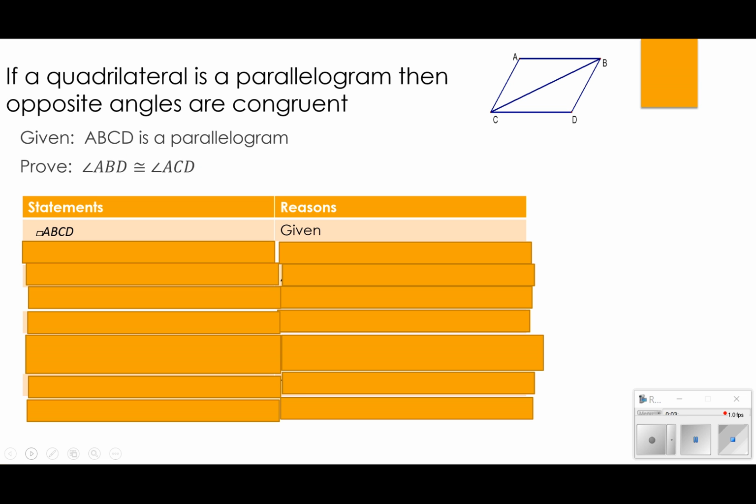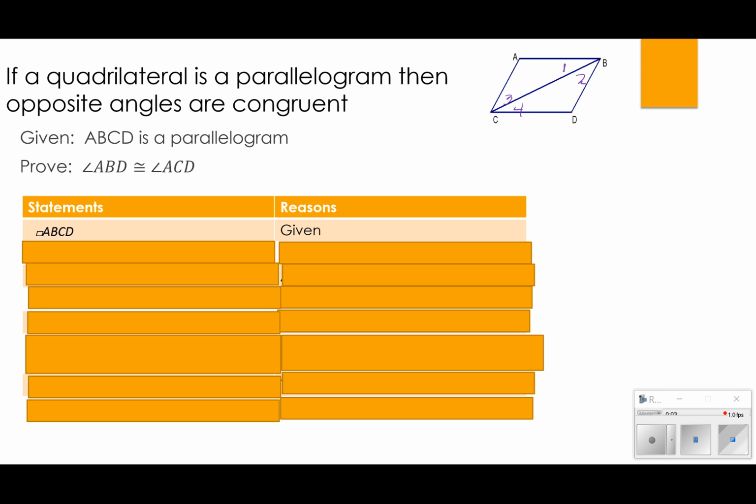So what I want to do is prove that last theorem, that if a quadrilateral is a parallelogram, then opposite angles are congruent. And I'm just going to make it a little easier for you guys to follow, I'm going to name those angles: angle 1, angle 2, angle 3, and angle 4.